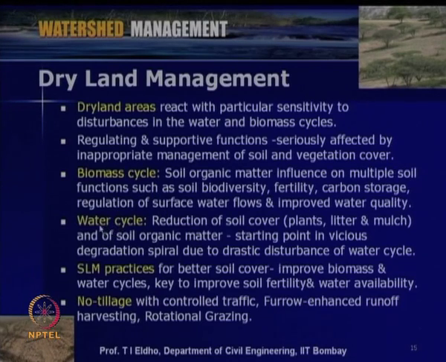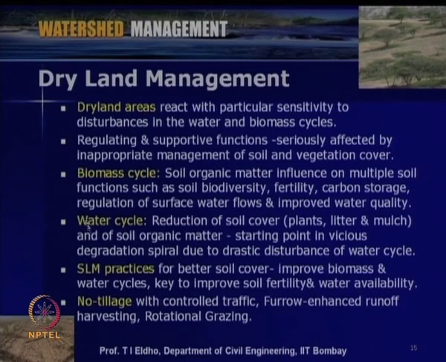And then the water cycle. The water availability is very less, so we should be very careful. Reduction of soil cover, like plants, litter and mulch, and of soil organic matter, are the starting point in the vicious degradation spiral, due to drastic disturbance of the water cycle.